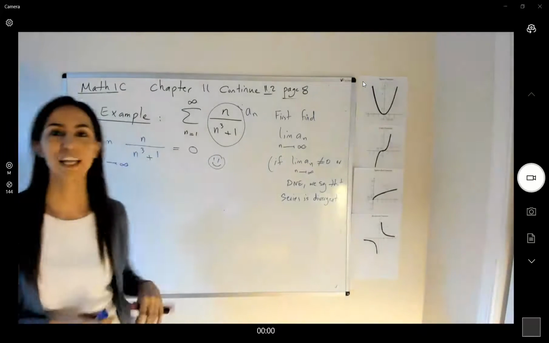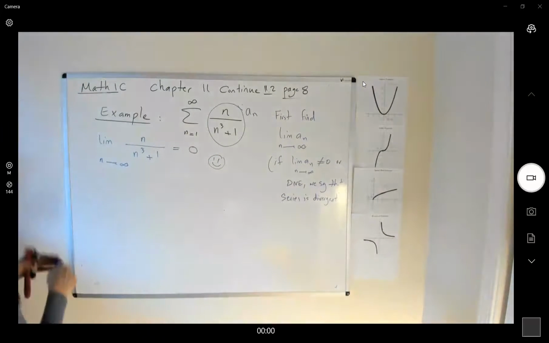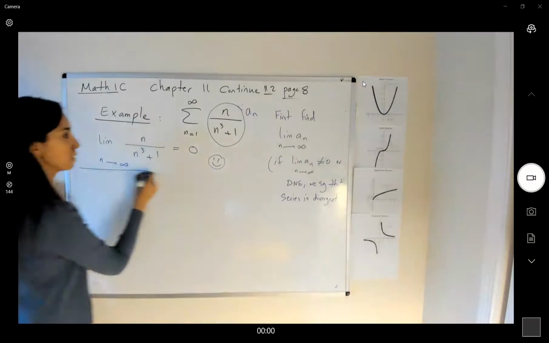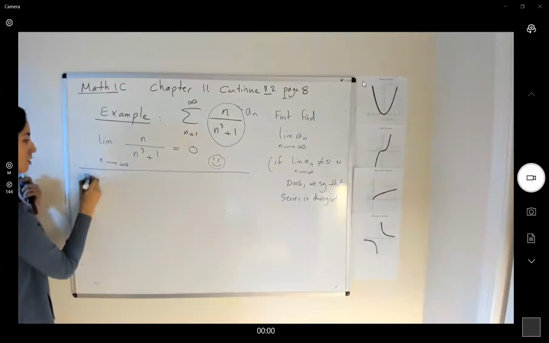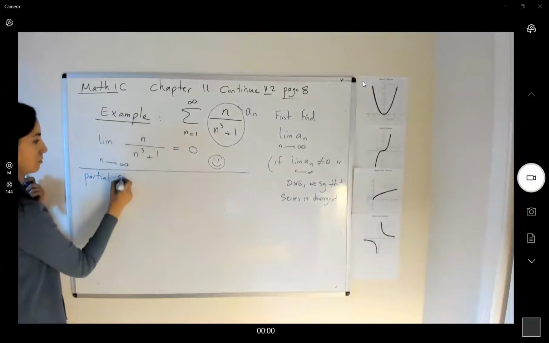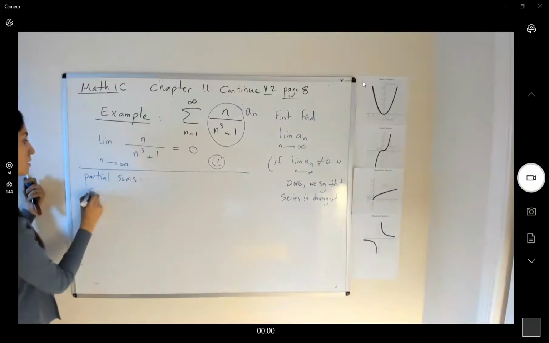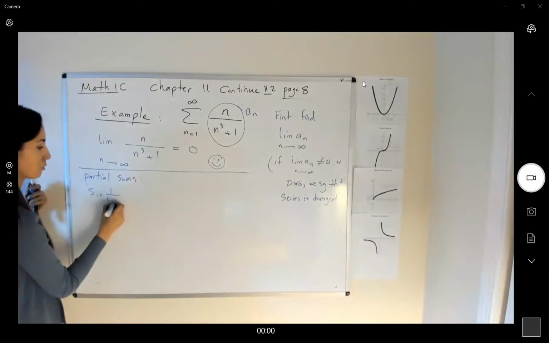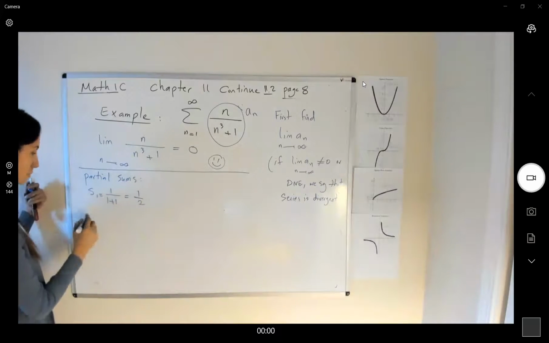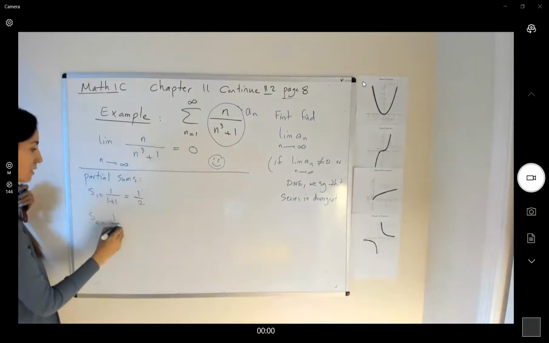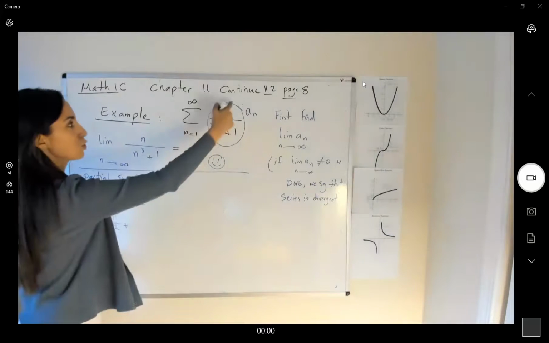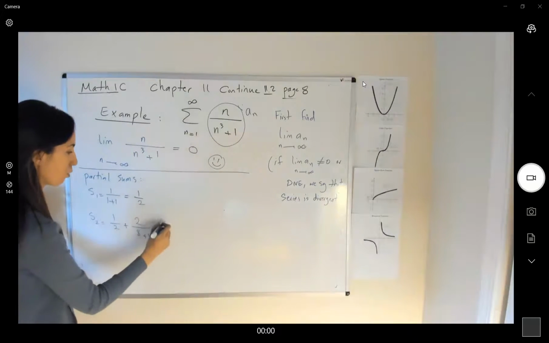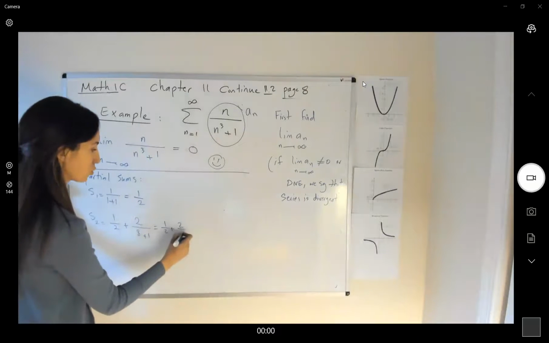Now we try to analyze our series itself. So let us form the partial sums. S sub 1 is 1 divided by 1 plus 1, or a half. S sub 2 is a half plus 2 divided by 8 plus 1, or a half plus 2 over 9.